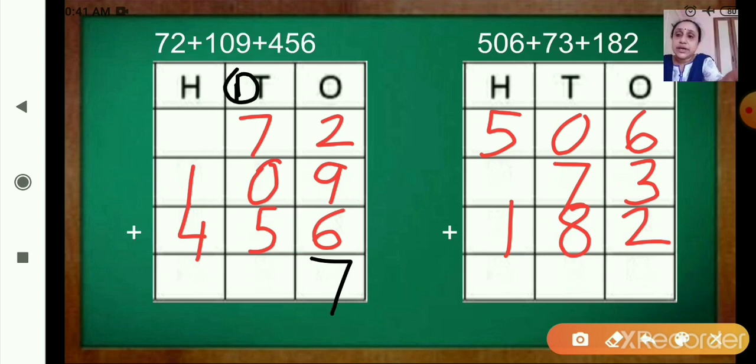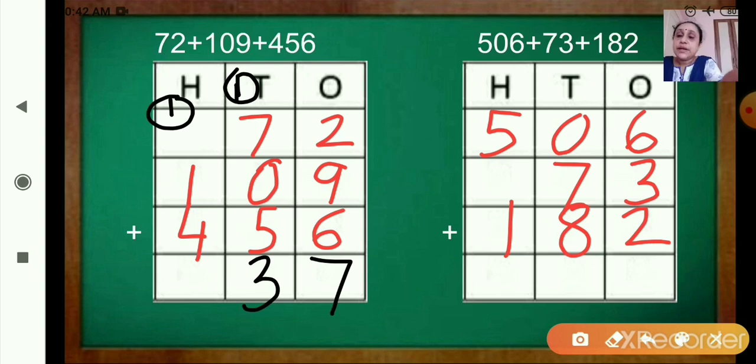Okay, like this you write. Then 1 plus 7, 8. 8 plus 0, again 8. And 8 plus 5 is 13. So we wrote here 3 and again 1 will be carried over here.